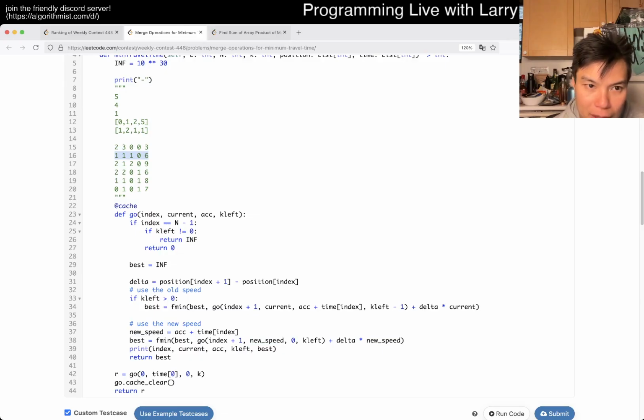So, okay, so that means that we're here. We want to travel one space and then we go, okay, well, we go to the 2, but the new speed is going to be, the current speed is going to be, no, that's the accumulator speed, not the current speed. So this should actually call, no, but then you went out of K left.